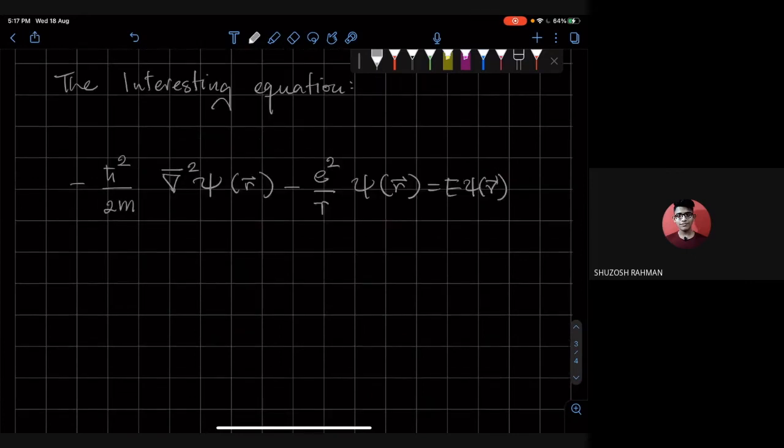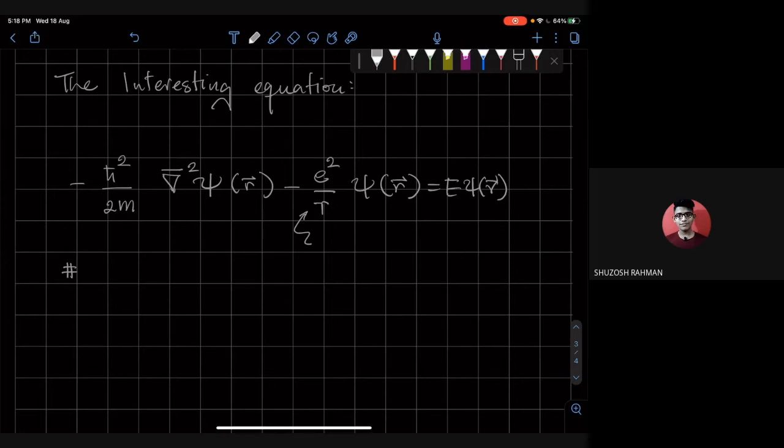So this is the interesting equation. So, we really, there's a symmetry of this equation. Can someone tell me what is the symmetry of this equation? What does the potential depend on?